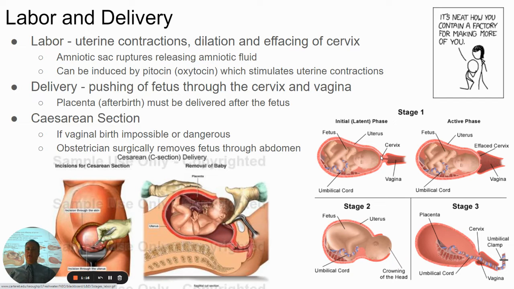And then labor moves into the delivery process, in which the mother is pushing the fetus out through the birth canal, through the vagina. And then in the final stages, the placenta breaks away from the uterus and comes out as well.